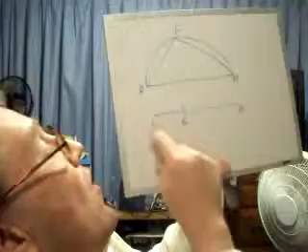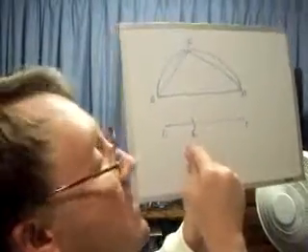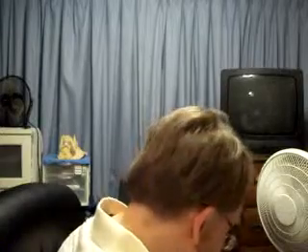And since as CD is to CE, so is the square of AB to the square on AF, therefore convertendo as CD is to DE, so is the square on AB to the square on BF.